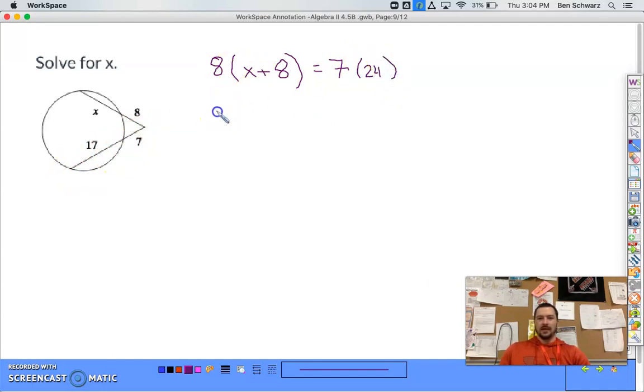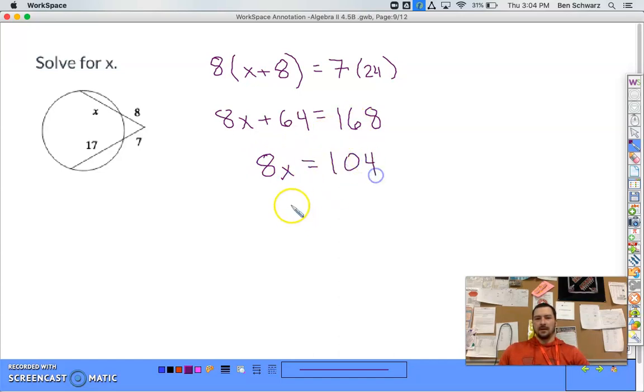So we distribute the 8, so 8x plus 64 is equal to 7 times 24, which is 168. Then subtract 64, so 8x equals 104, and then divide by 8, and you get 13 for that one.